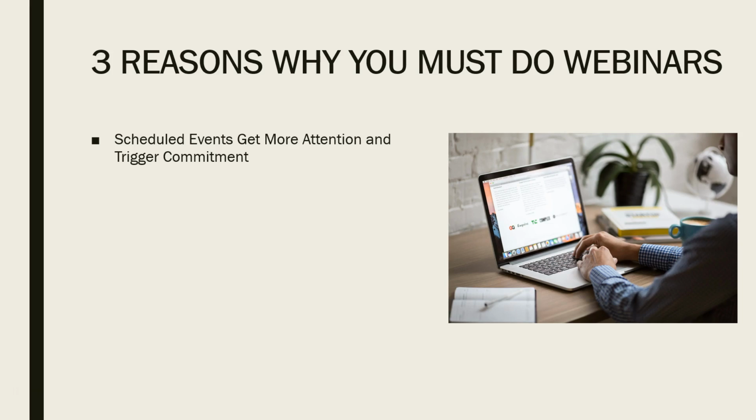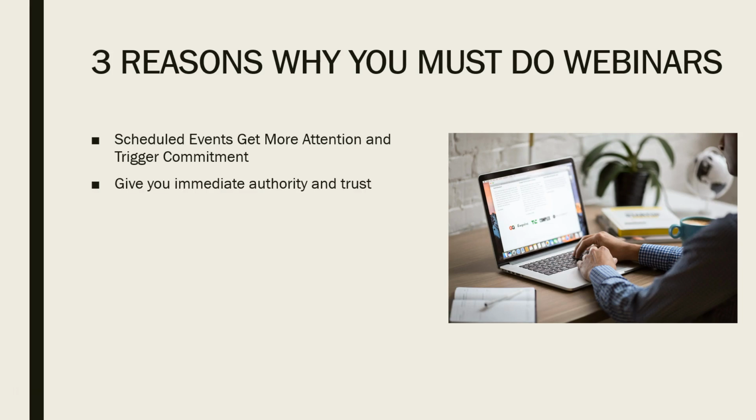This type of webinar is not interruption marketing, which is when you're scrolling through your news feeds and you see a video or an image that stops you in your tracks. This is a planned event, and when people plan something, they are going to show up.